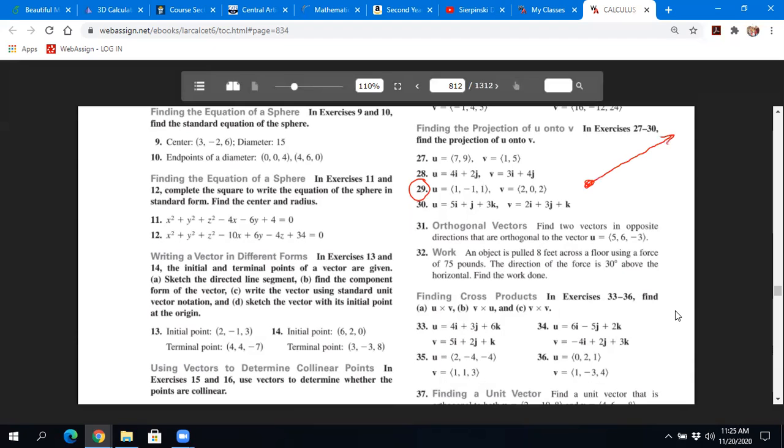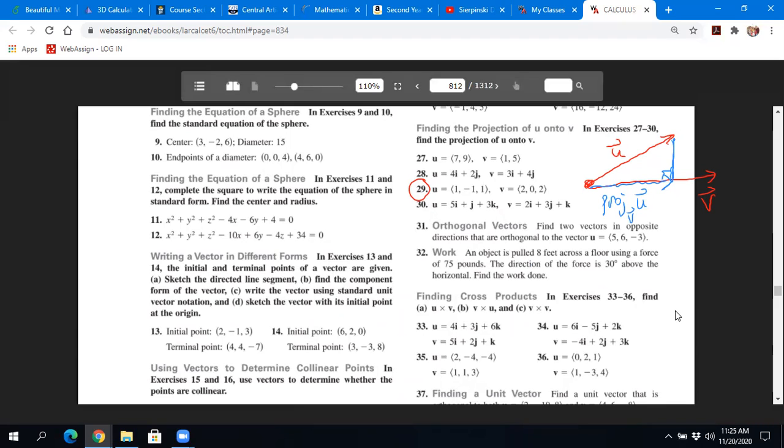So if this was U and V was like this, then the projection of U onto V, you kind of go like this. It's kind of weird the notation they use, but even though it's in the same direction as V, you think of U going onto V like that, yes?